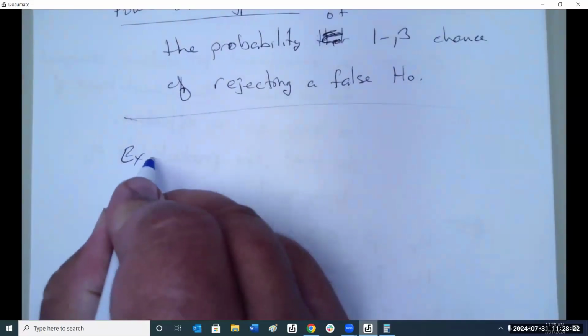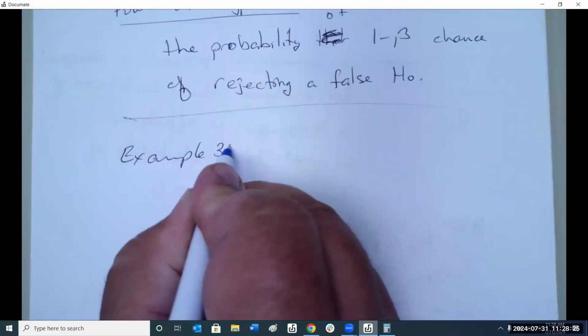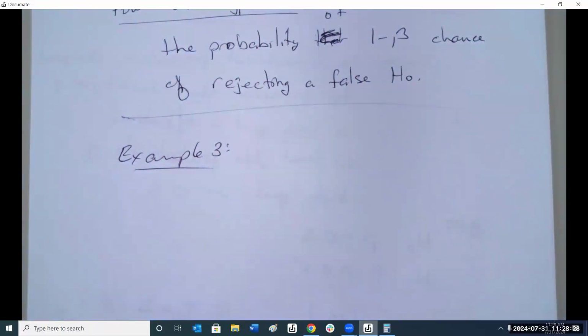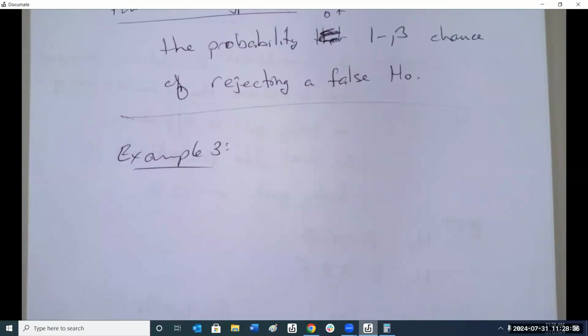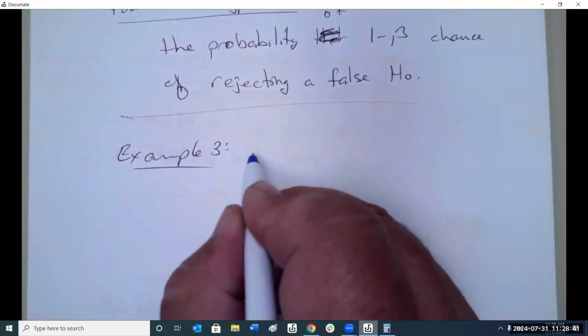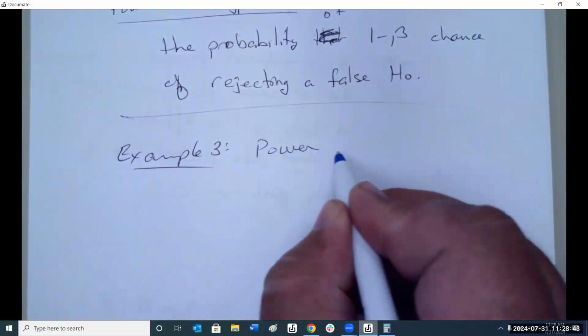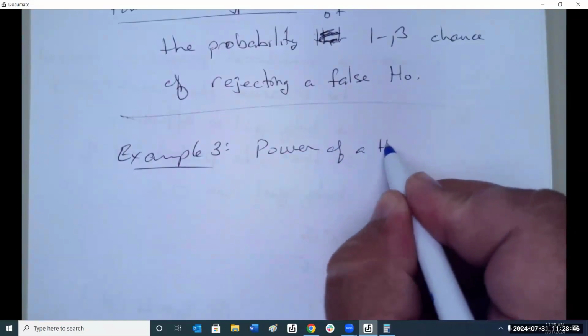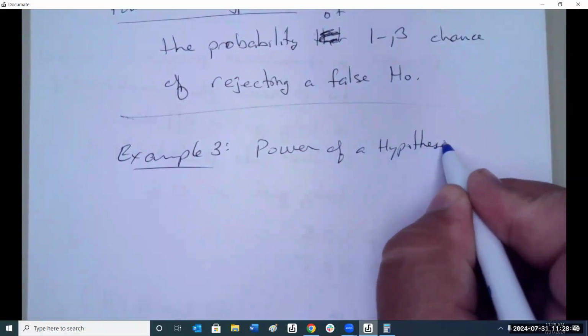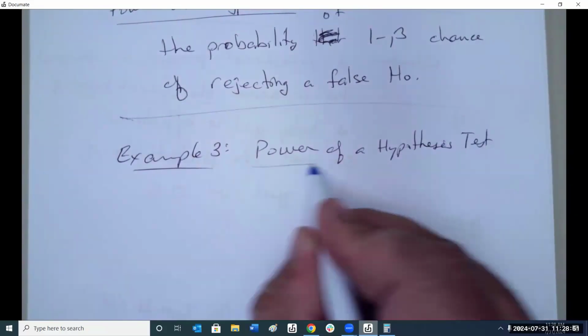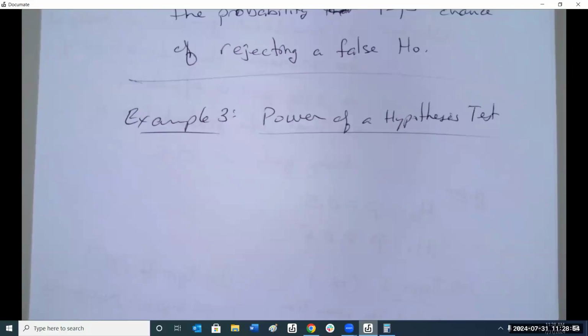Let's look at an example. Even though, I hate to say it, the power aspect is not really used that often anymore, we have to discuss it anyway. Okay, this one. Power of a hypothesis test. Consider these preliminary results from the XSort method of gender selection.